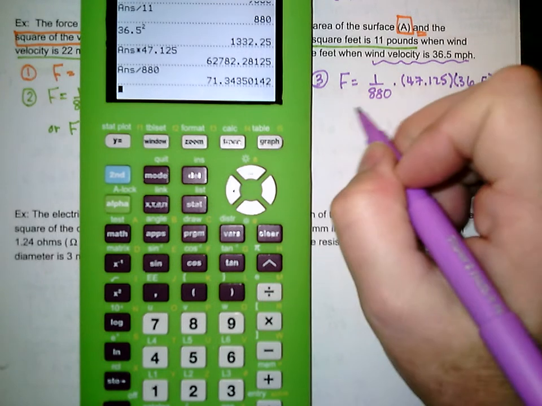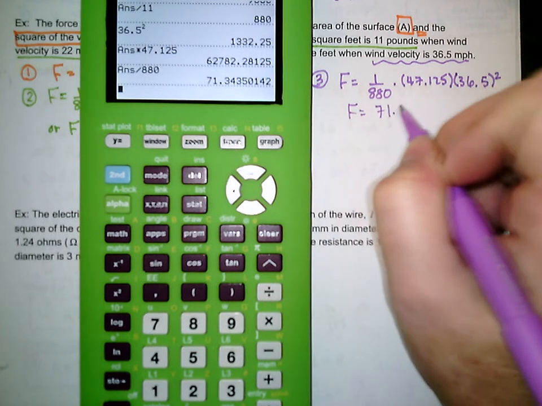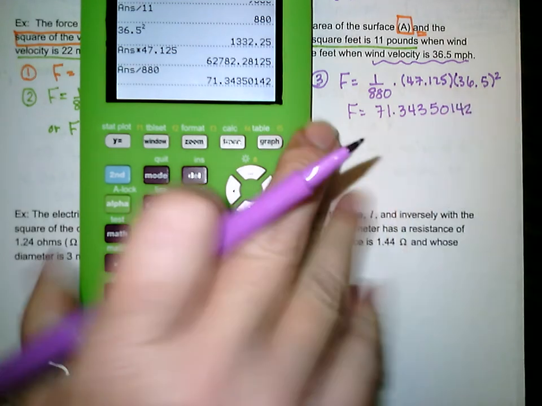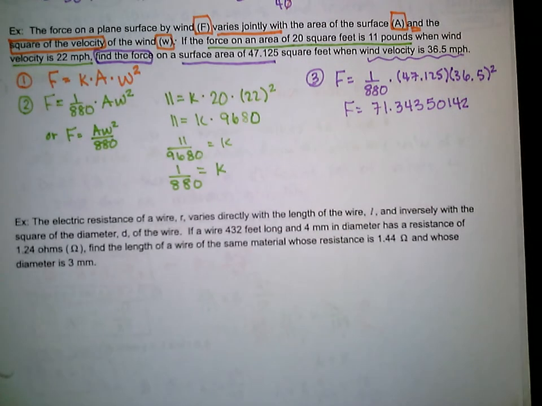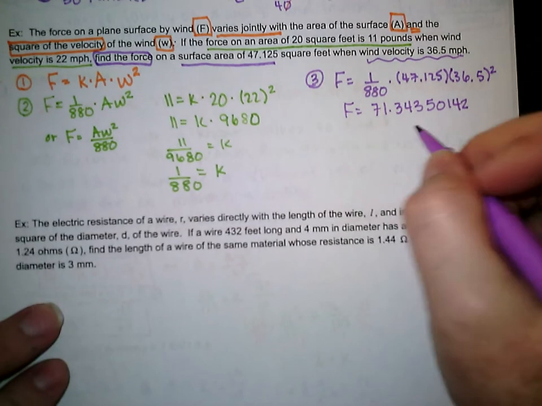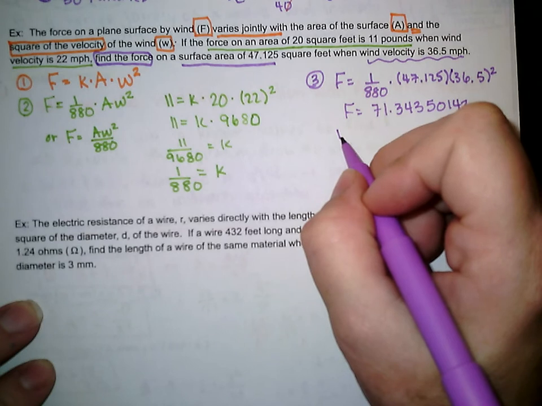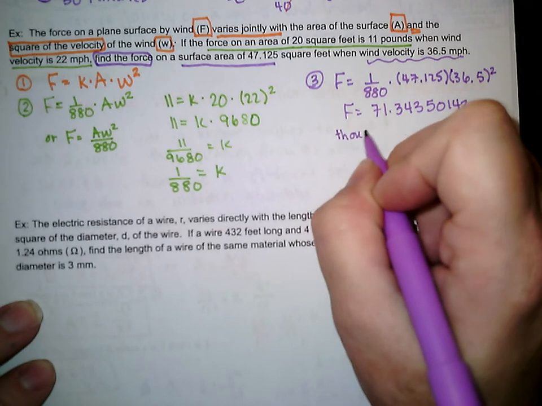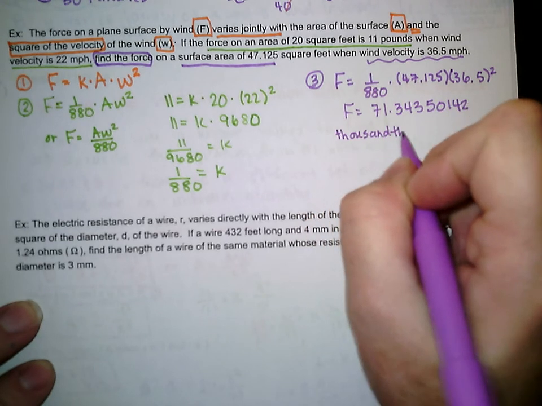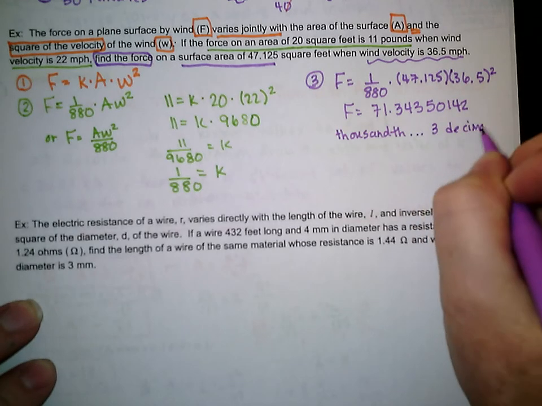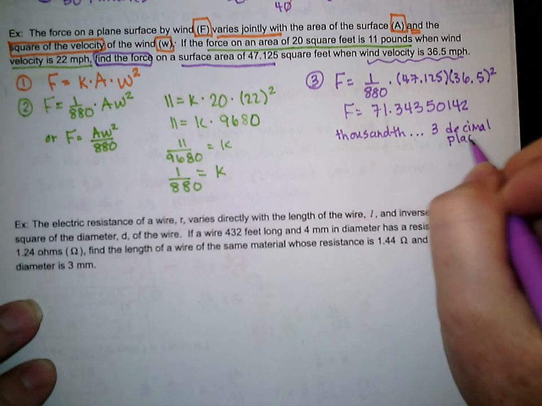So I'm getting 71.34350142. And then depending on what they ask us to round to, we'll round appropriately. I'm going to say let's round to the nearest thousandth. The thousandths place is 3 decimal places, so those are equivalent ways of saying the same thing.